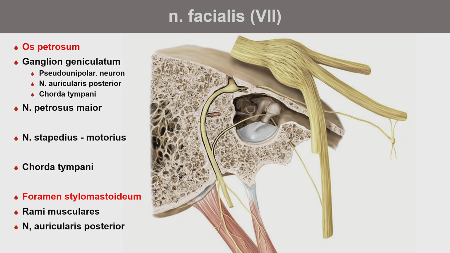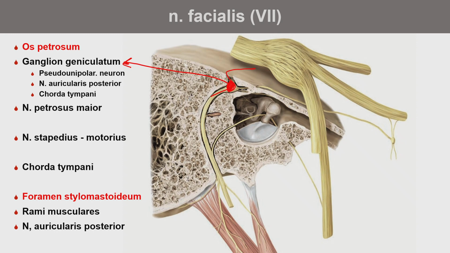So important: according to the course of the nerve, it is entering the petrosal bone, and then it is going this way and making an angular sling, and here is the geniculate ganglion.